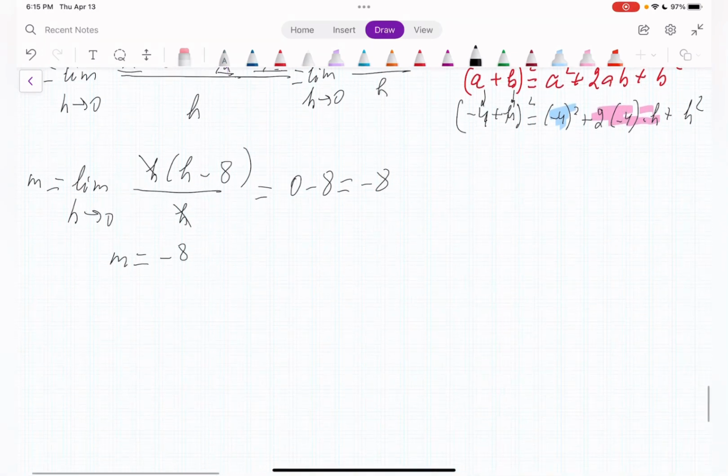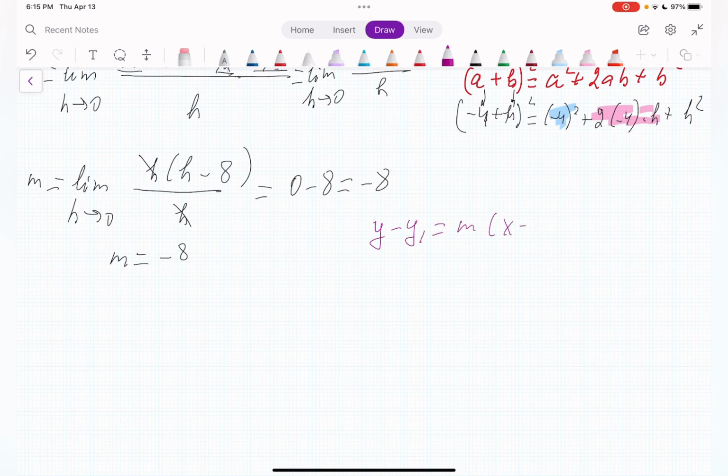Okay, so now it's time to find the equation y equals mx plus b. Let me use a different color. Y minus y1 equals m times x minus x1.